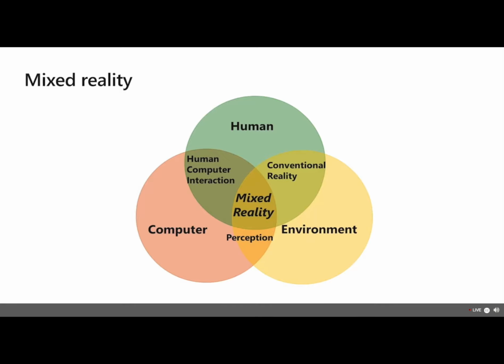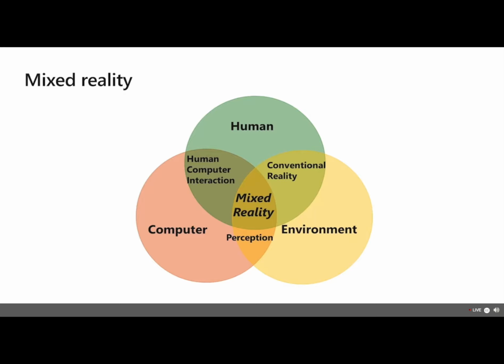So first we have the human input. So that's that green circle. Human input happens through a variety of means. This could be keyboards, your mouse, touch, ink, voice, even Kinect skeletal tracking. Now, when we look at the interaction between computer and environment, this is referred to as perception. We create perception by capturing environmental input, and this can be head tracking, your surfaces, so spatial mapping, boundaries, ambient lighting, environmental sound, object recognition, and location.